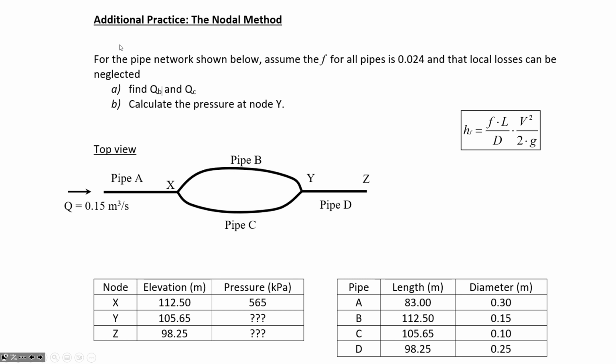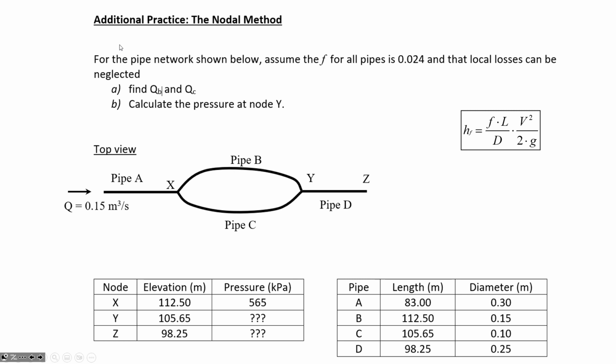And then the other one, the continuity relationship, is saying that Q in equals Q out at a junction. So we could say Q_B plus Q_C is 0.15 cubic meters per second. So that is our other relationship. And by the way, what is Q_B?